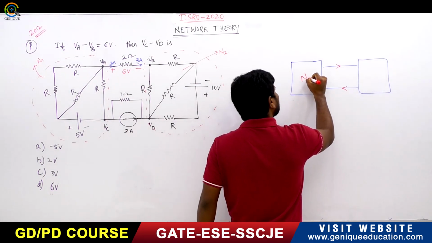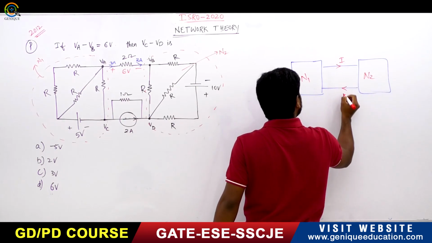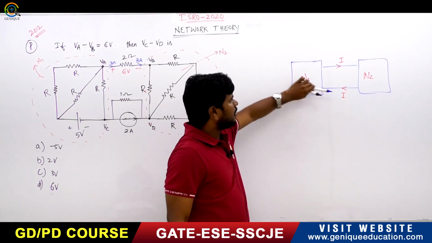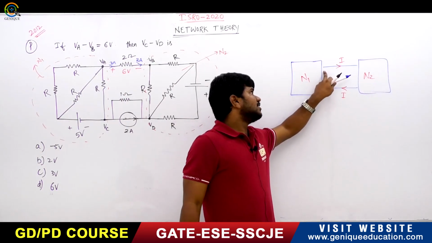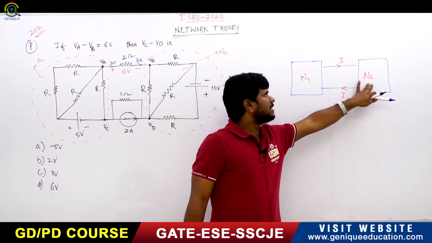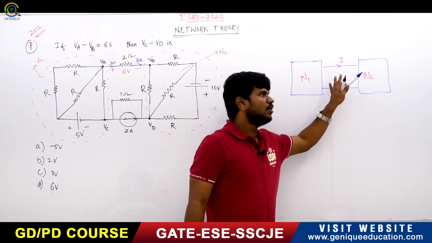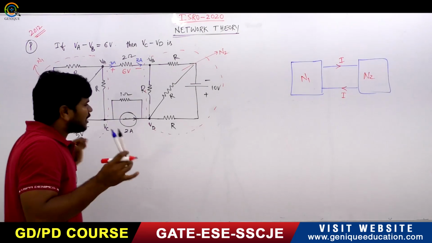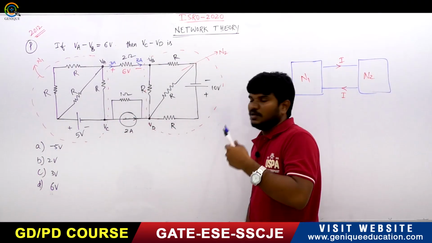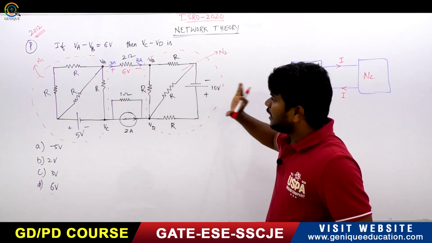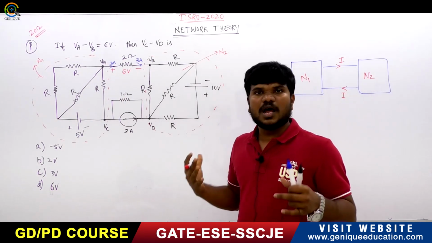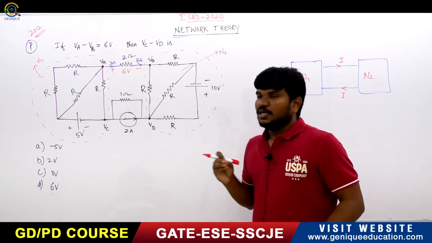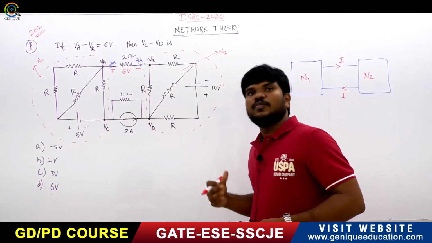Suppose the entering current for N2 is I, the leaving current is also I. For this network, this is the entering current and this is the leaving current. Both are the same, right? So the question is big, but the answer is not that much if you have some basics. Whenever the question looks very large, there will be some point which we can easily identify as the clue for the solution.